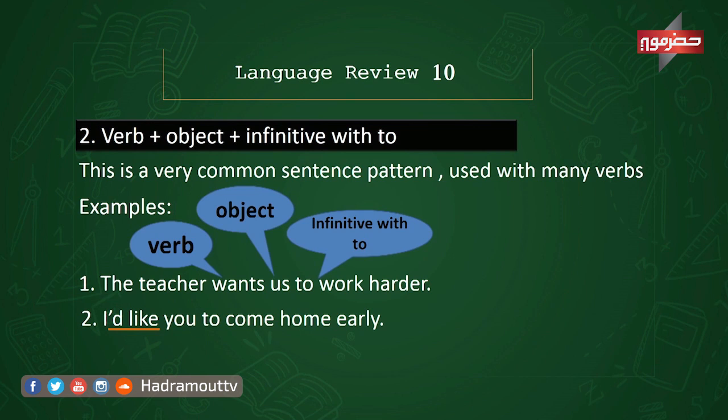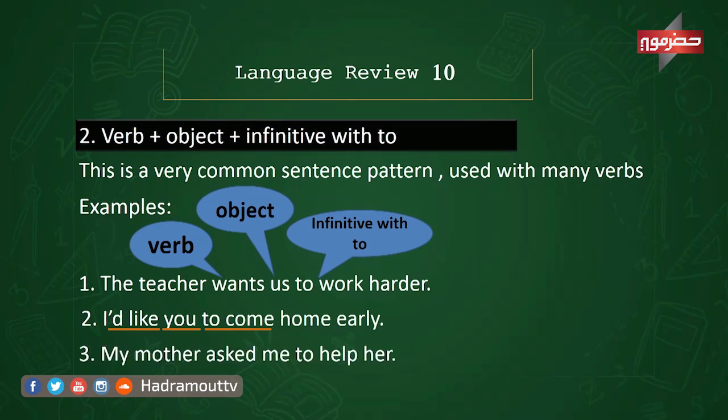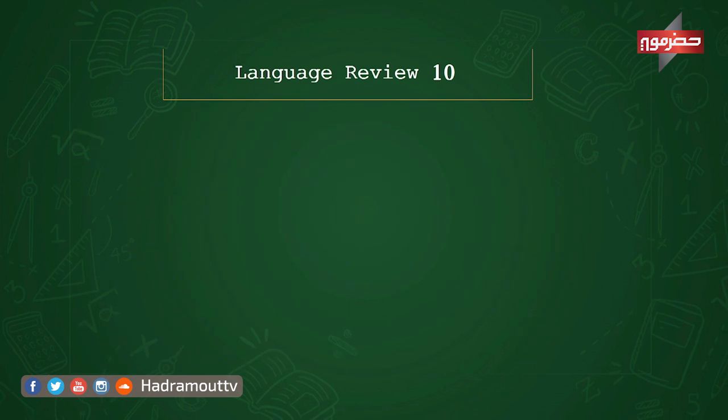The verb, I'd like. Then object, you. Then to plus infinitive, to come. Three, my mother asked me to help her. Okay? Verb, asked. Object, me. Then to plus infinitive, to help.